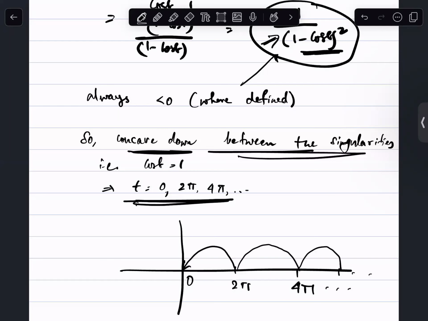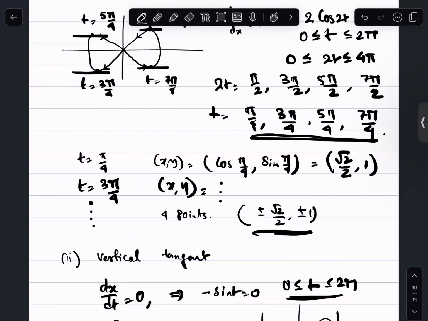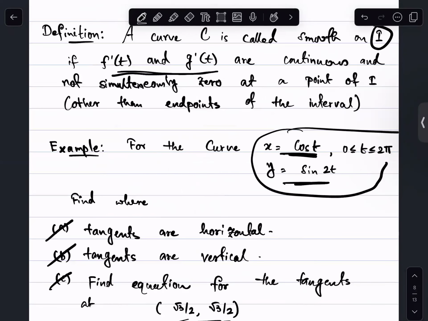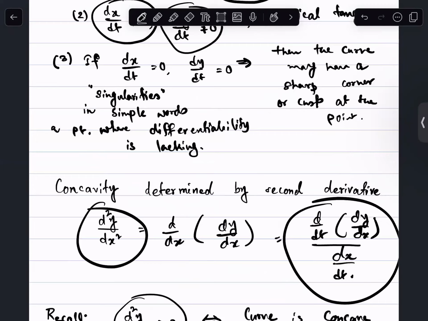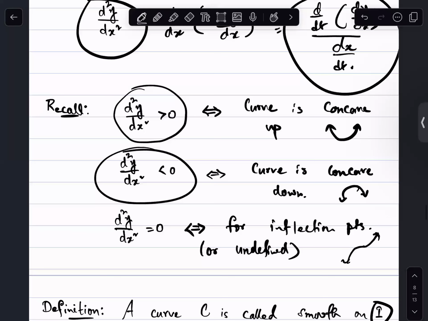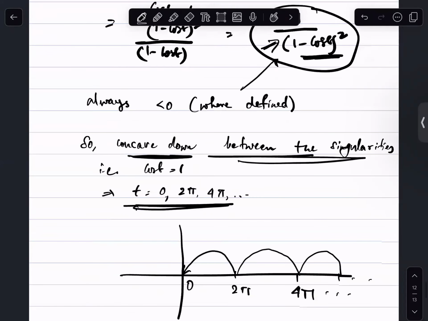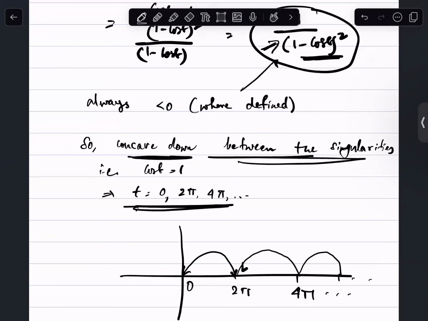Let me check how concave downwards actually looks. Yeah, concave downwards, like the inverse. So it will be concave downward in between the singularities like this. This is very roughly speaking.